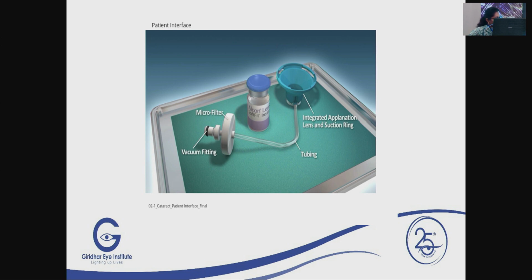The patient interface has an RFID. This is an RFID device. So it has an RFID monitor, so it can be used for a single patient only. And the blue thing, that is the patient interface, goes into the patient's eye, which is docked into the patient eye, and the other one is the contact lens, which is used for different kinds of K values.